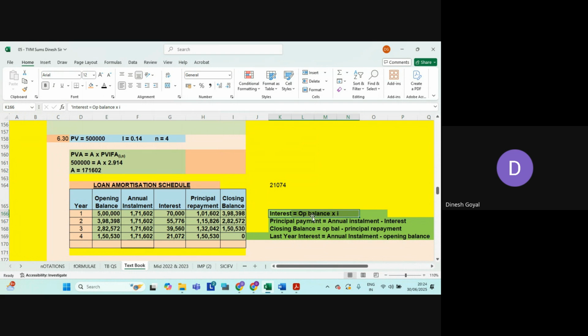Instead of using this formula, if you use this formula for last year interest, that is annual installment minus opening balance, so then you will automatically get 0. ठीक है ना. और वो डिफरेंस कितने है, 2 रुपए का ही आ रहा है. By using this formula, we are getting 21,072, and by using this formula, we are getting 21,074. तो ये पॉजिटिव नेगेटिव 2 रुपया ही आएगा.